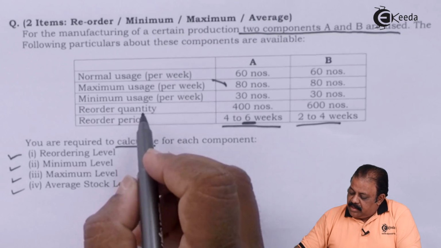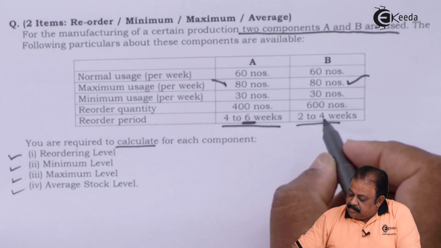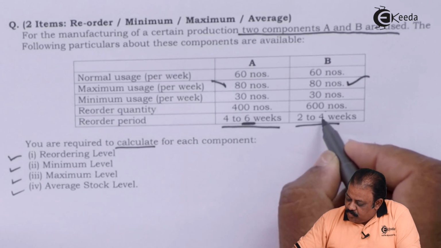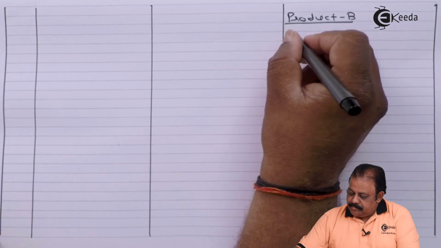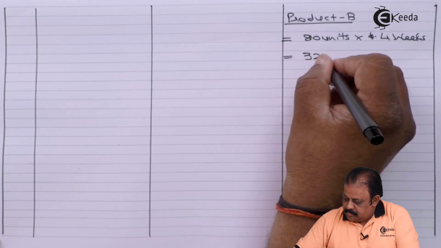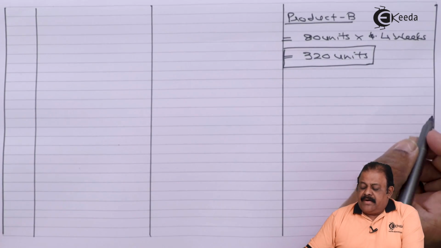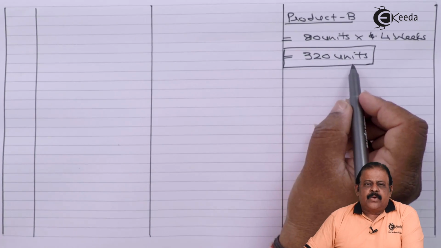In case of product B, maximum consumption is 80 units and maximum reorder period is 4 weeks, so reordering level is 320 units.